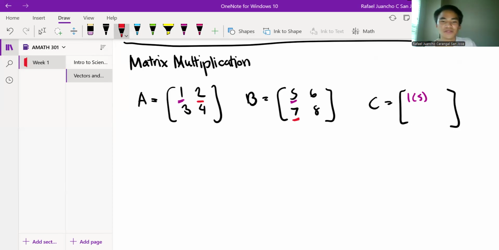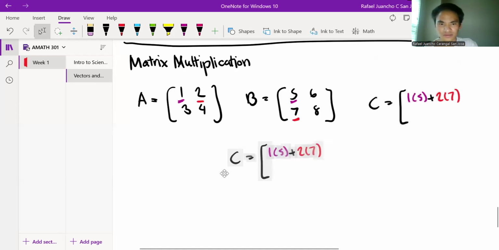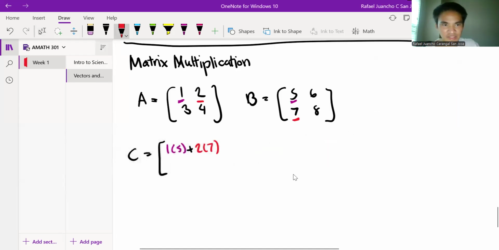Oh, okay. So it's actually row and then column. And then I'm gonna add that. Amazing, right? Very interesting. Okay, step by step. Boom, we're done.